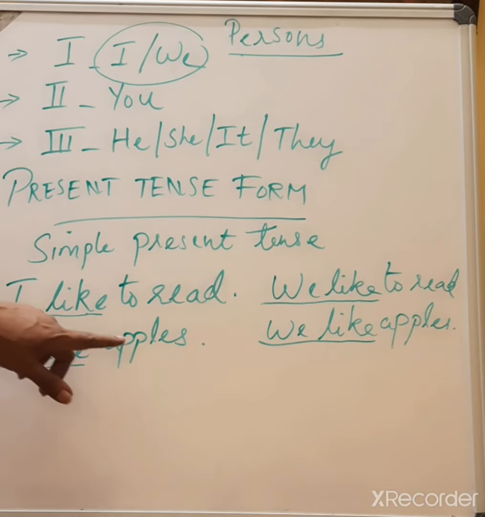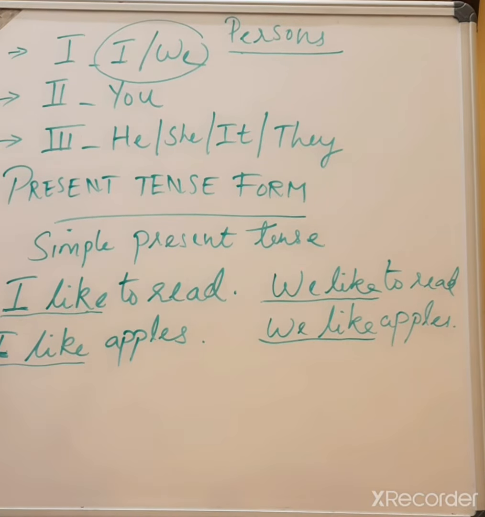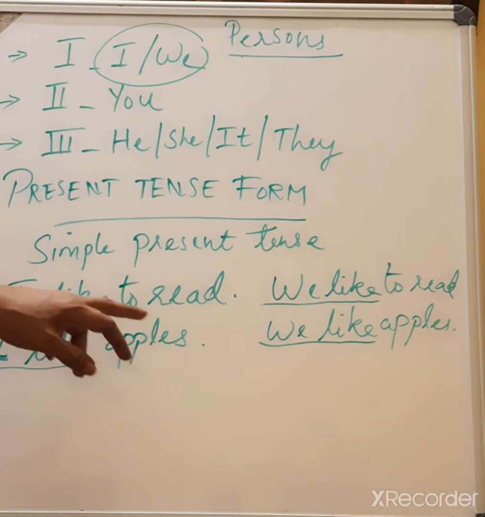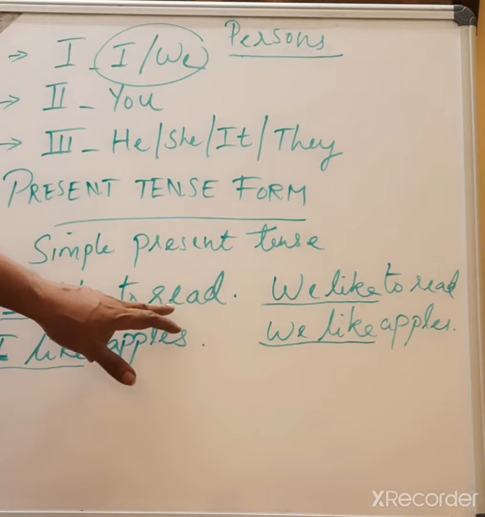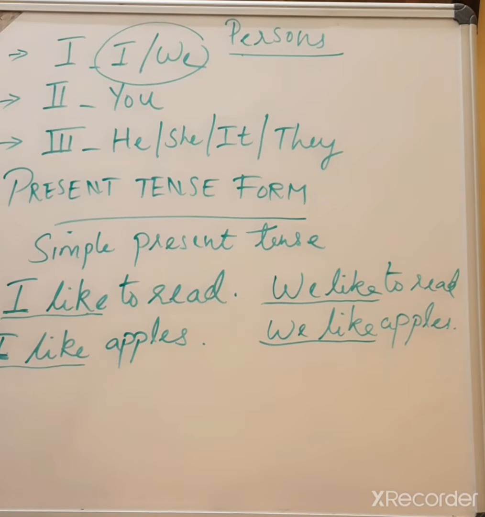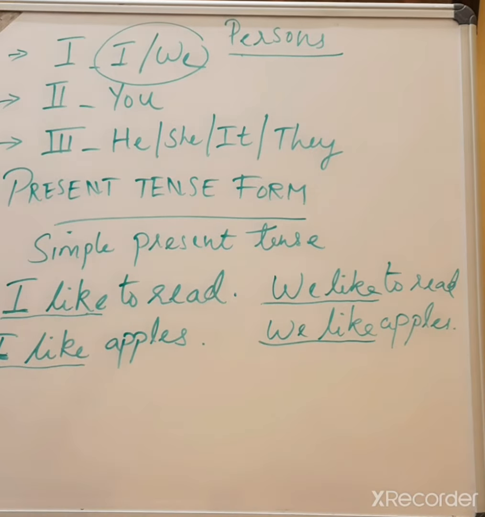I like apples. Think of other similar sentences. I like to drive. I like oranges. I like to sing. I like books. I like to watch television.